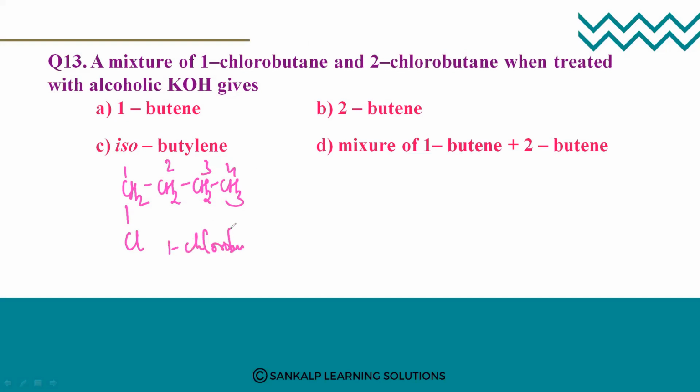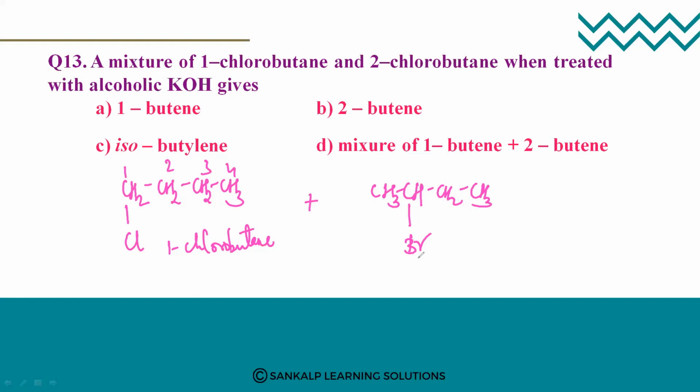Then for 2-chlorobutane, that is CH3, CH2, CH2, CH3, the halogen will be at the second carbon. Now here only one H will be there. You have to balance the hydrogens, because carbon has only tetravalency.